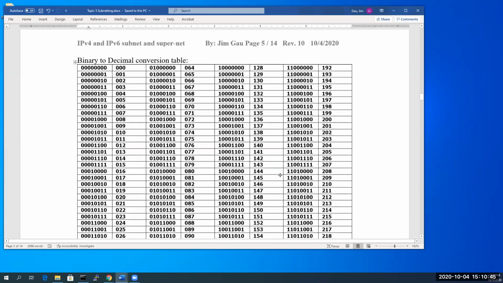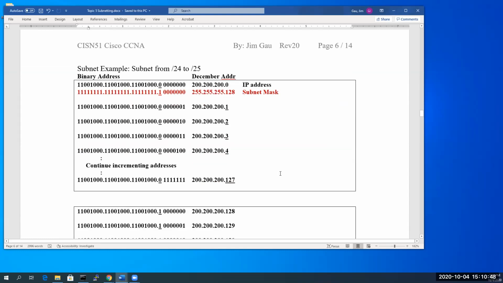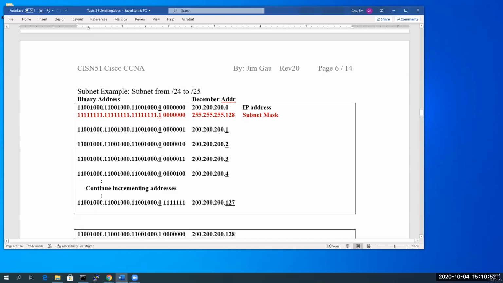We're going to see this sample really quick. We are going to think about the IP address in binary. An IP address of 200.200.200.0 is here in binary, 1100 1000, and I'm not going to read it, just keep going. It's 200, 200, 200. The subnet mask is the second line here.